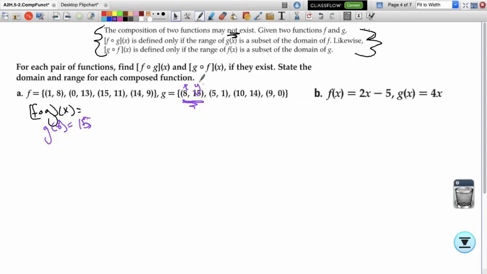This y value must be a domain value or an x value in my f. So I'm going to look all through these. This y value of 15 does exist here. So if I were to take that 15 and plug it into my f function as an x value, it does work. I would get 11. Okay, so far I'm feeling like this is good to go. It could potentially exist. Okay.